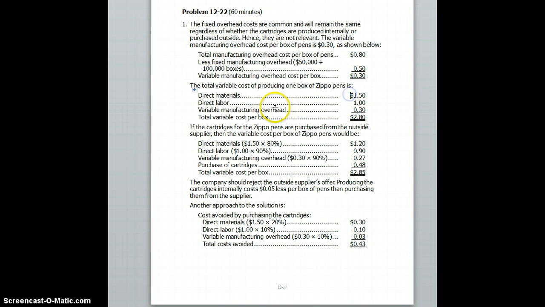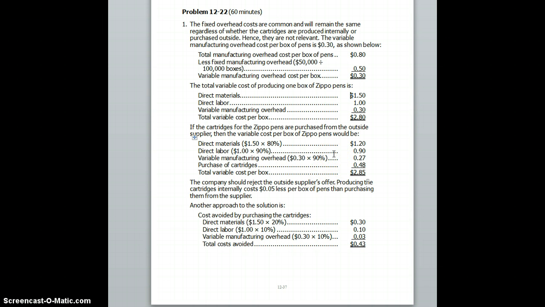Therefore, we now can calculate what the total variable cost of producing 1 box of Zippo pens is. It's $1.50 of direct materials, $1 direct labor, 30 cents variable overhead. Total variable cost $2.80.